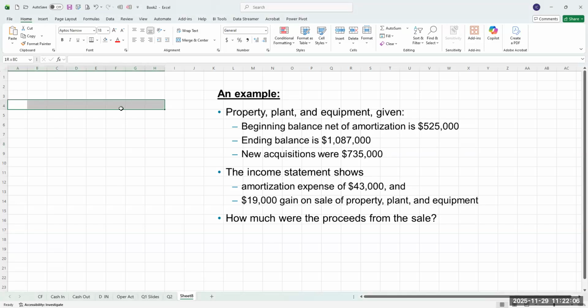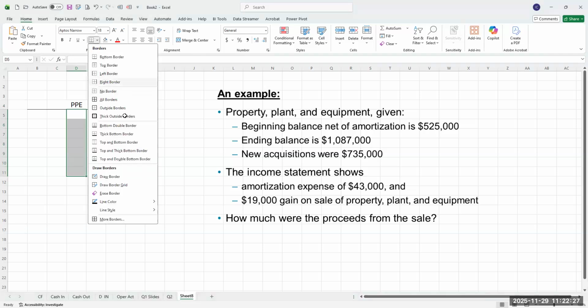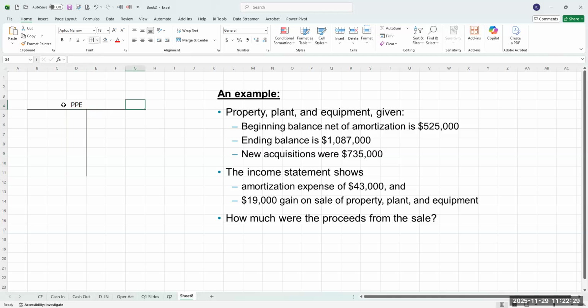So what we have to do is open this account. The easiest way is to open the property, plant, equipment account. What happened with this account? We already know that this is a balance sheet account, long-term assets, which has a beginning balance and an ending balance. Some things happen in this account.